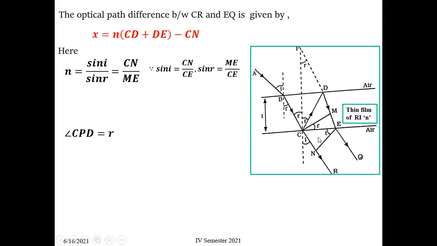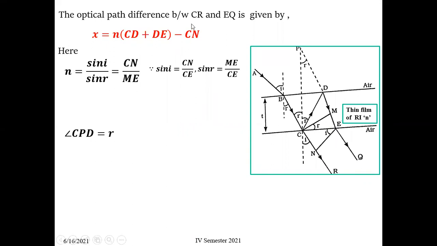For that, consider triangle CNE. From that triangle, sin i is equal to the opposite side by the hypotenuse, CN by CE. Next, consider triangle CME. In that triangle, sin r is equal to ME by CE. So finally we get n equal to sin i by sin r, which is equal to CN by ME.